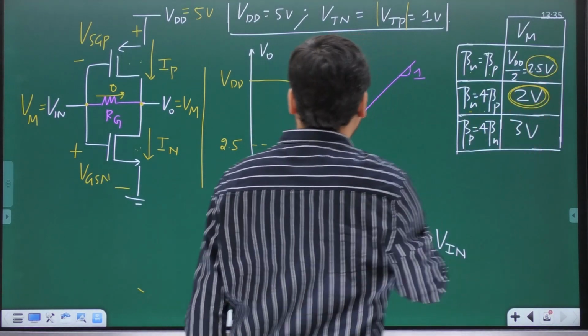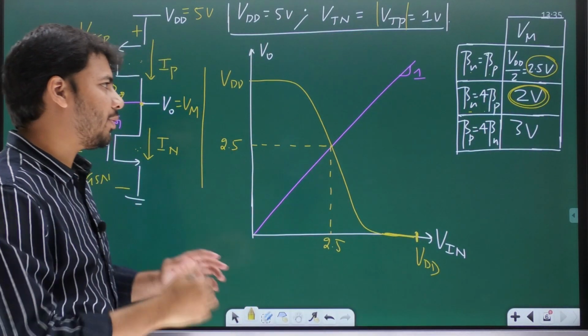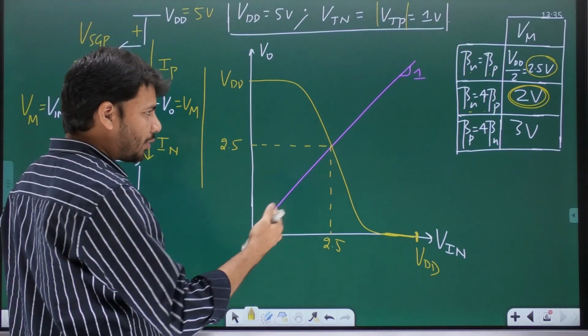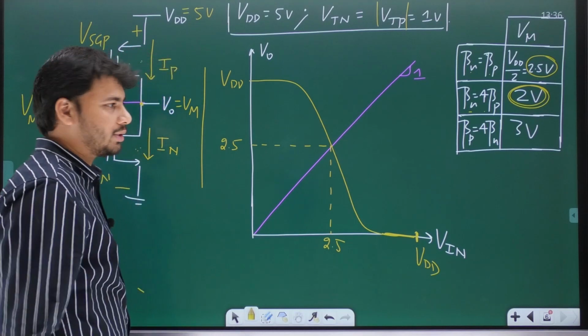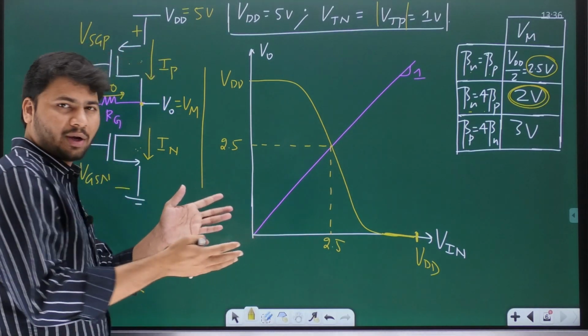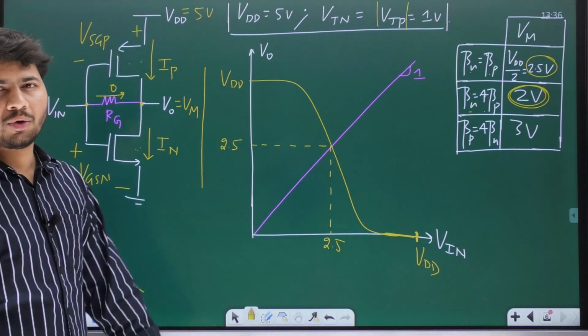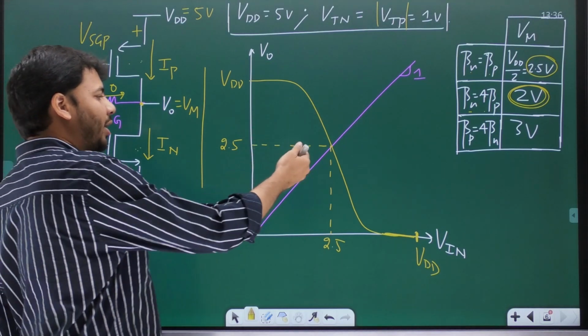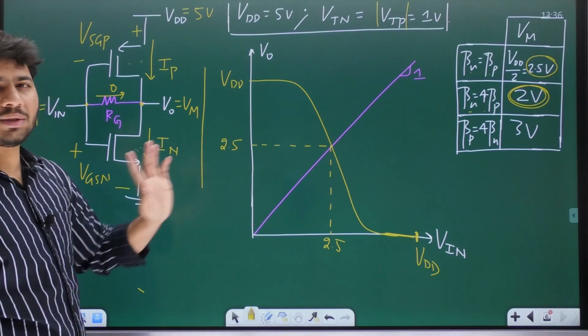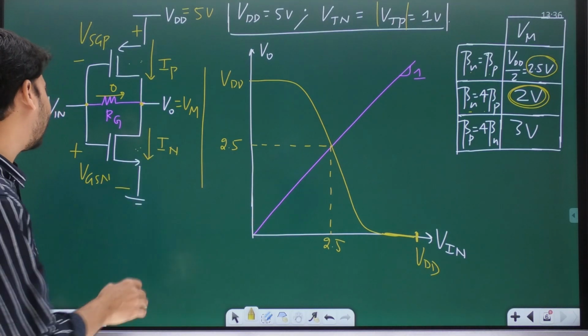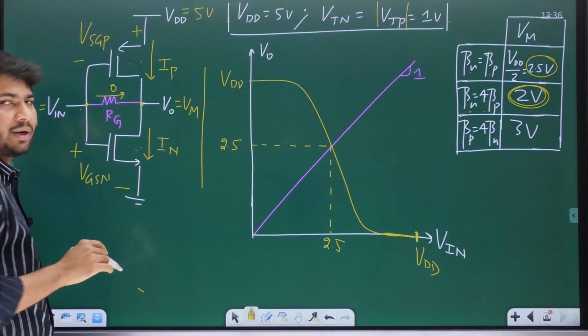Earlier it was 2.5 comma 2.5. Now where is this 2 comma 2? Will it be to the left of this or to the right of this? Both x and y coordinates are less than 2.5. That means that point of intersection would be to the left of this. See, will this straight line get shifted? No, right? As long as V naught is equal to Vin.